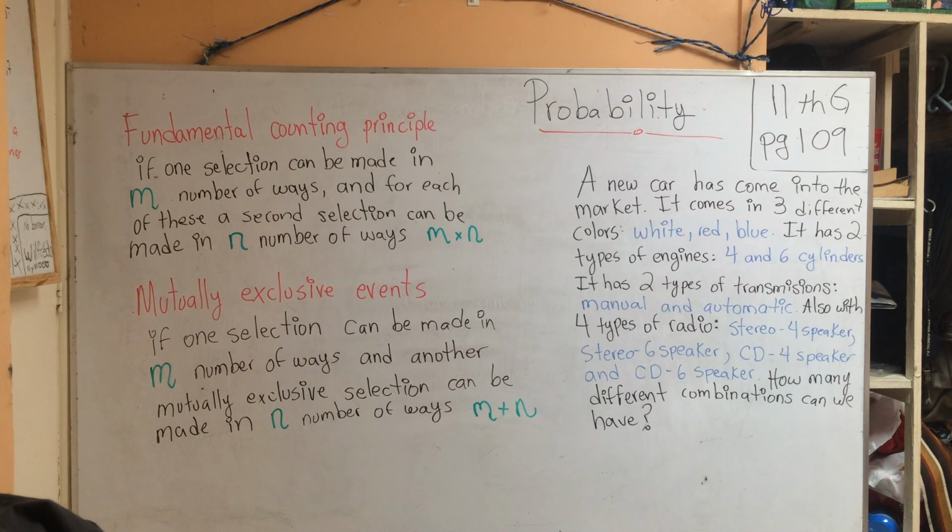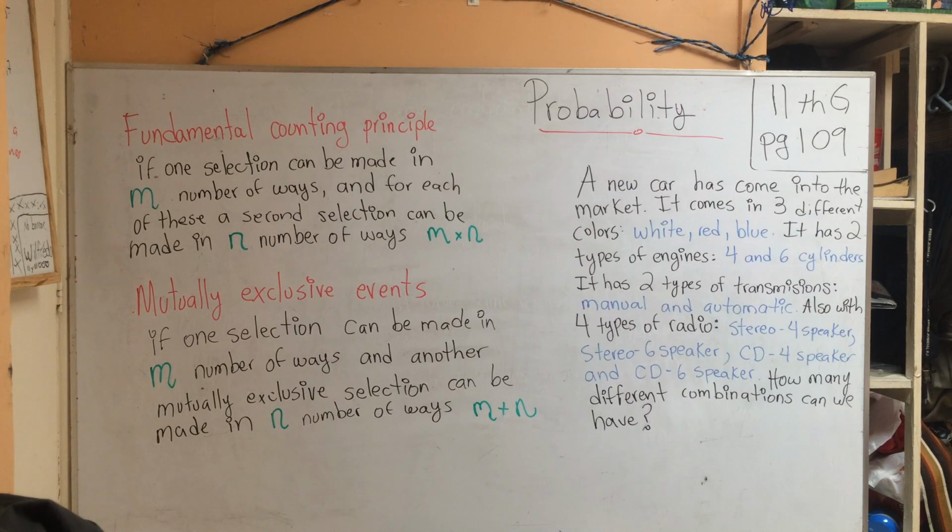And it comes with 4 types of radios. It can have a stereo, which means it can only take radio, AM and FM, so a stereo with 4 speakers, a stereo with 6 speakers, a CD player with 4 speakers, and a CD player with 6 speakers.